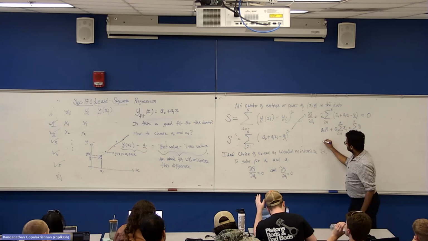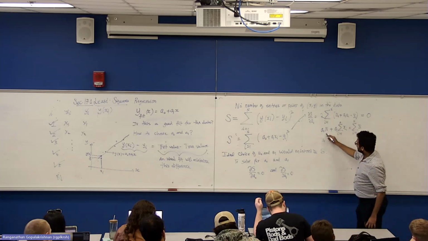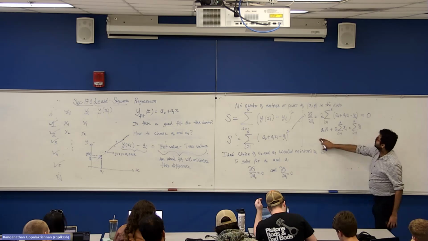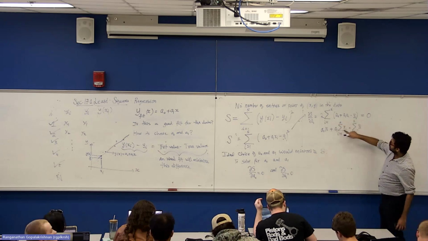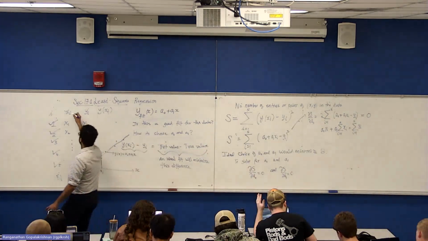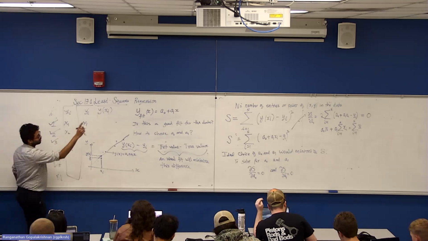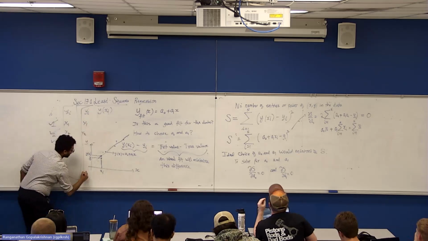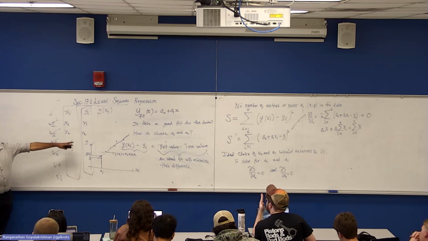It is a naught counted n times. That becomes n a naught. Second term is a1 multiplied by sigma xi, the sum of all the x values taken vertically, and sigma yi is the sum of all the y values taken vertically. And we'll do this by example.